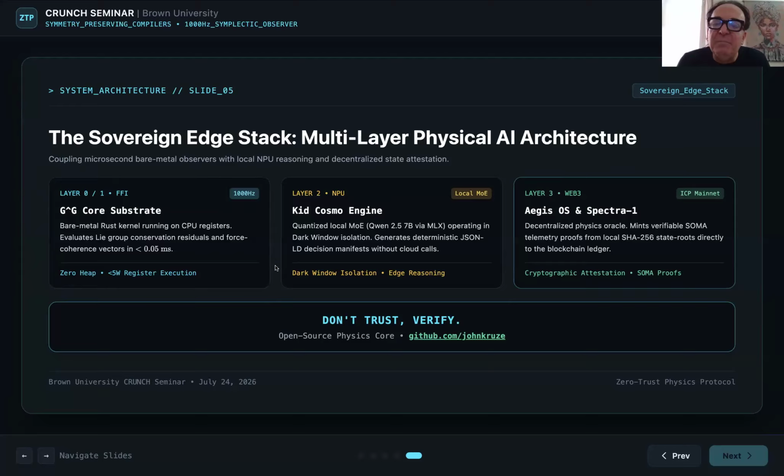And then what is the middle panel here? It says layer 2 NPU. NPU stands for neural processing unit, and I have a MacBook Pro M4, relative to the hardware I'm using. What this does is the semantic layer.